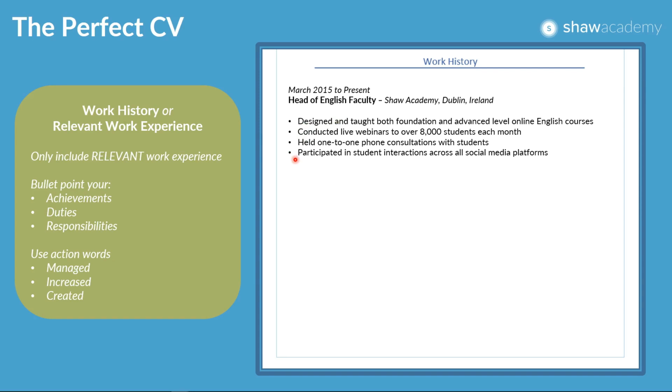No, when you're doing this on CVs, get rid of the personal pronoun I and just start your sentences with the action words: managed, increased, created, designed, taught, conducted, held, participated. Action words, okay? Because it tells the employer that this is what you did. So it's a little tip that we use on CVs.